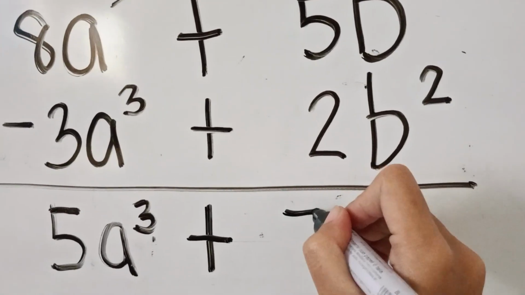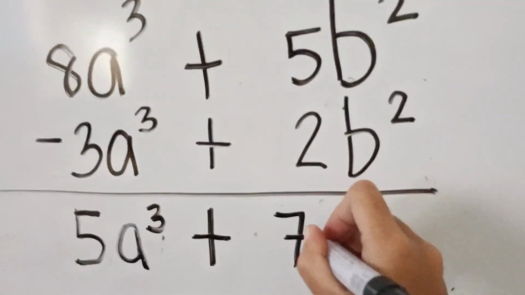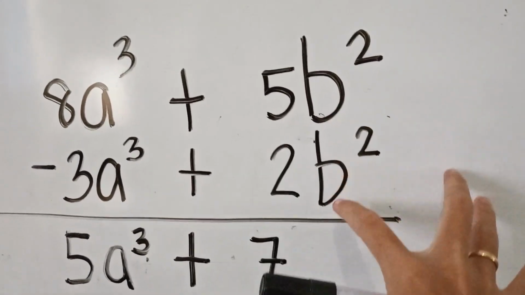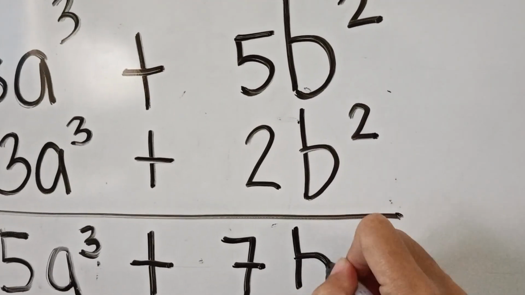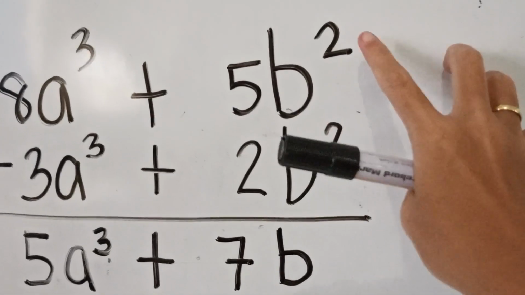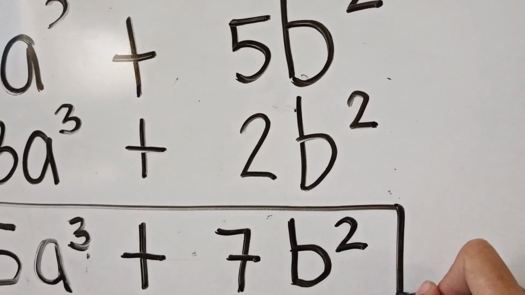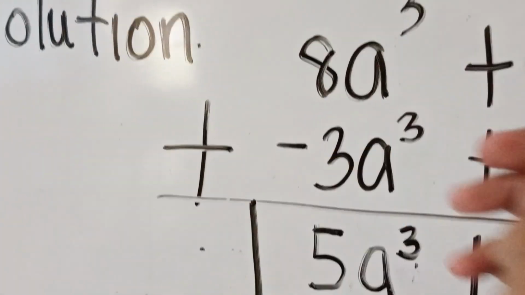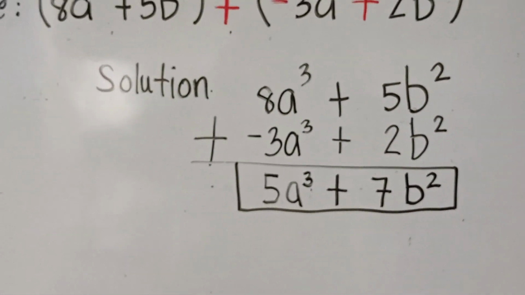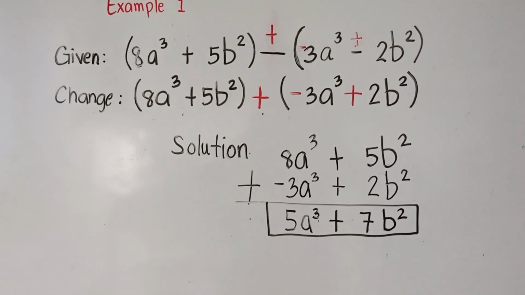So 5 plus 2 equals 7, and we copy the common variable and exponent, which is b squared. So the final answer that we have here is 5a cubed plus 7b squared.